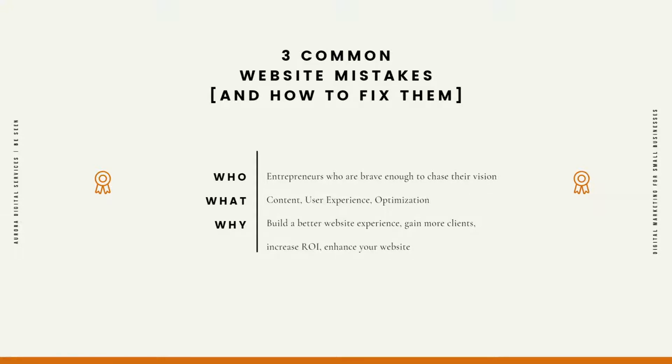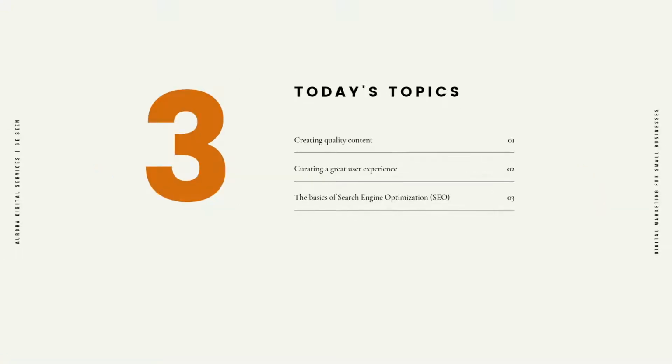So the 3 topics we'll focus on specifically today are content, user experience, and search engine optimization, or SEO. Oftentimes, as our team reviews client websites, we find these 3 top areas that need the most help. So for content, this means having compelling written copy, quality imagery, and a strong call to action strategy.